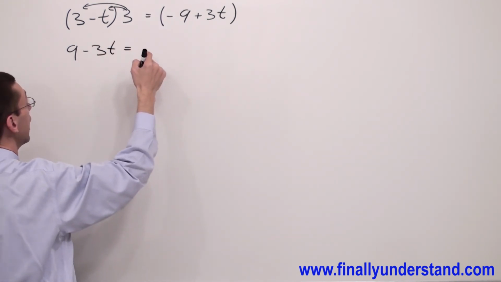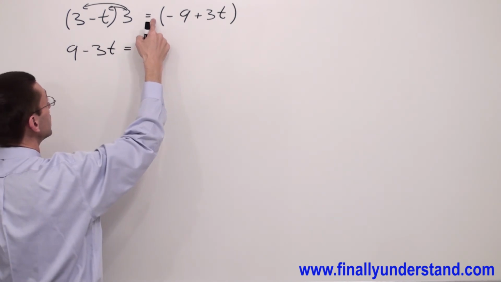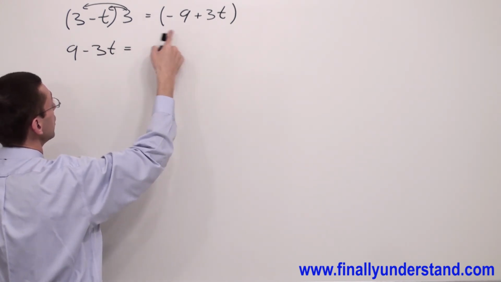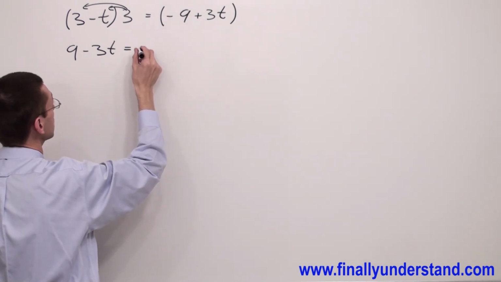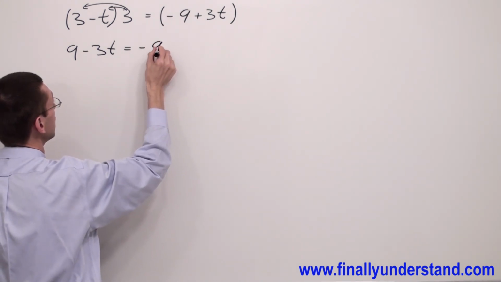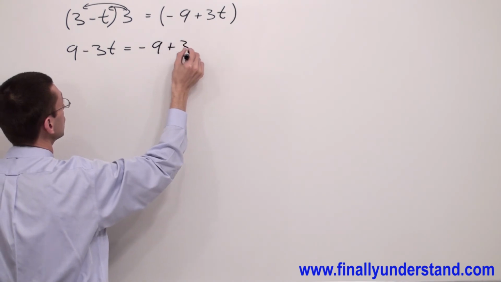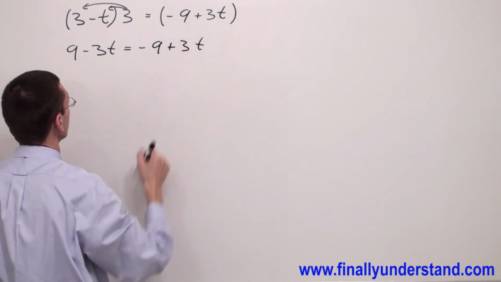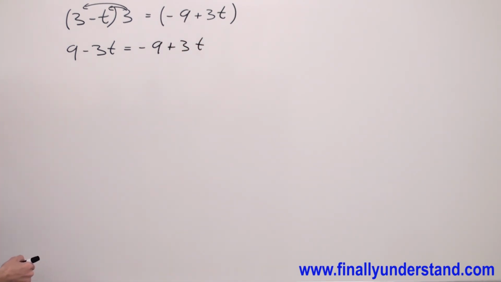Okay, because I have an invisible positive sign at the front of the parentheses, I can simply remove the parentheses and just simply copy -9 plus 3t. Next, I have to combine the like terms.